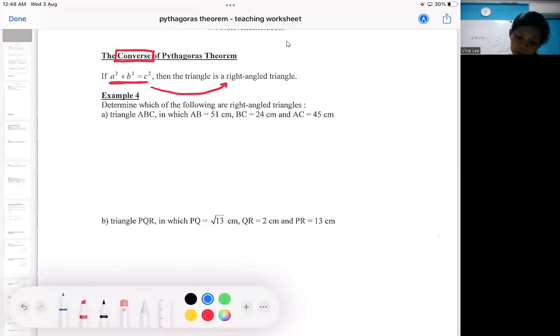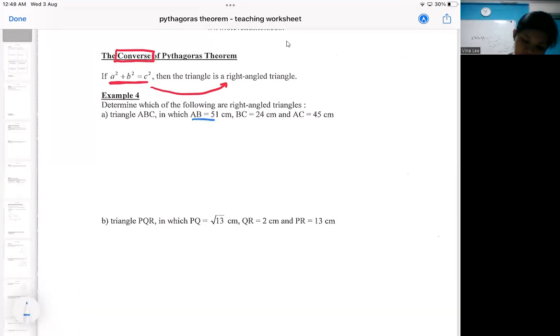Let's say you need to check whether this triangle here will match up to the Pythagoras theorem. You have to choose the longest length. Apparently in this one, AB is the longest length. So you start with the longest length and punch the calculator for it.